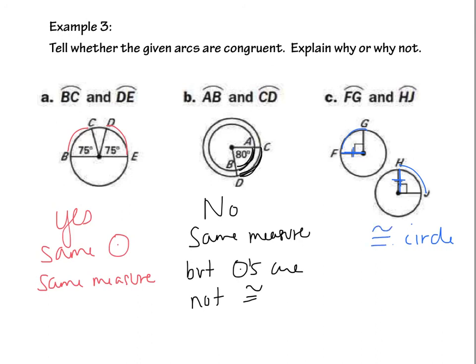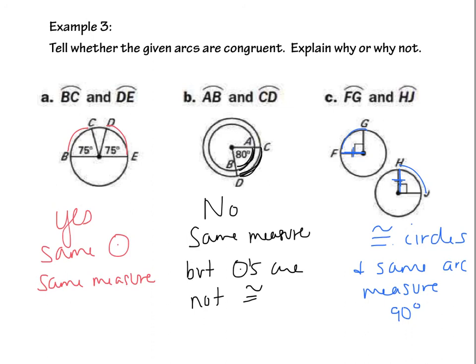So they're congruent circles, and they have the same arc measure, because they're both 90 degrees.